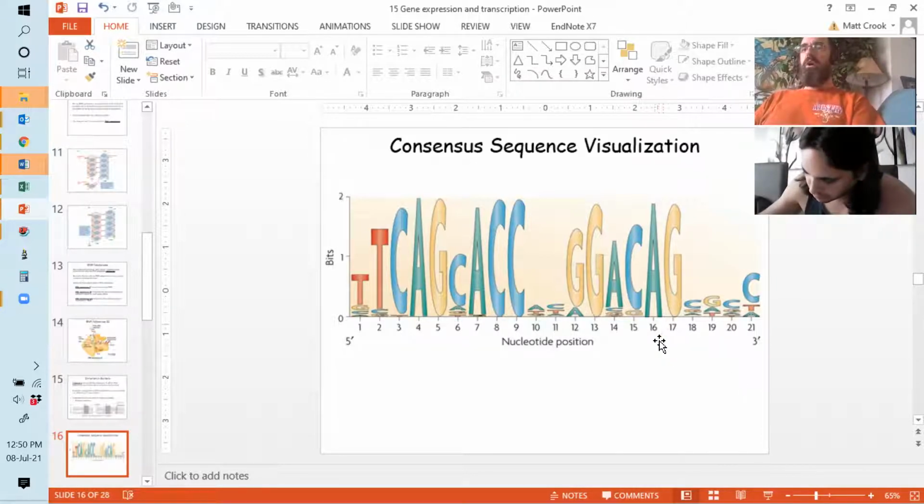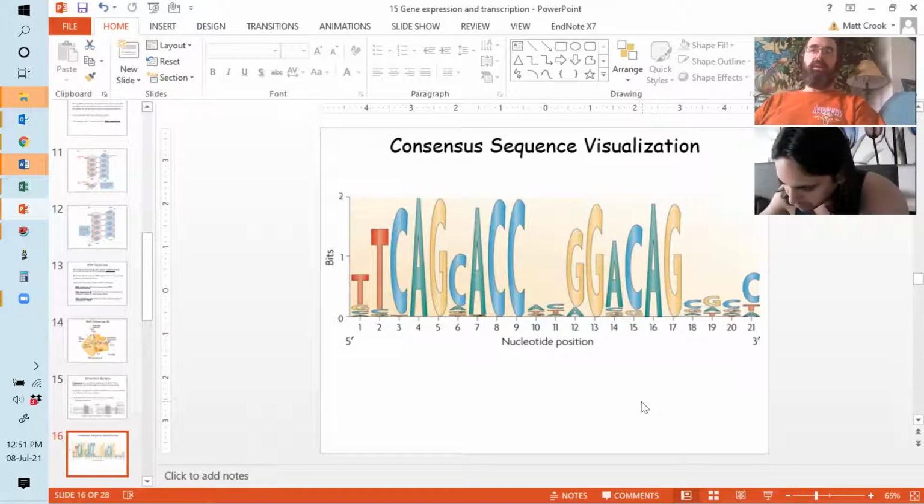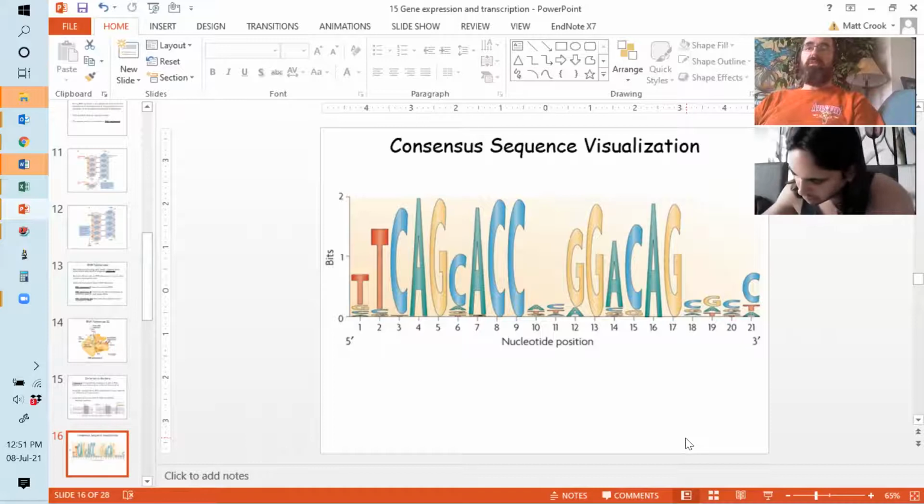Other positions, like 16 and 17, you'll only ever find that base there. These are really important because if you change that, the organism most likely doesn't survive or isn't very fit, and so that mutation disappears.